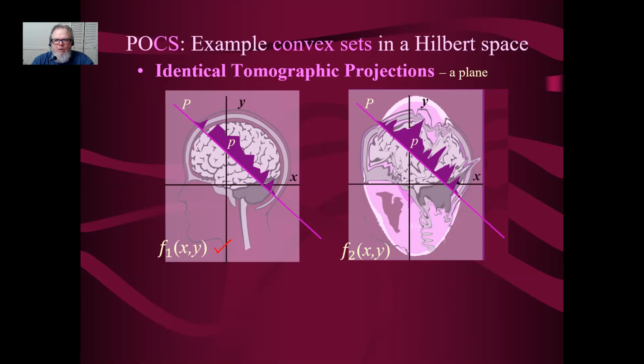If both of these images gave the same exact area P in this one-dimensional slice, then we say that this is a convex set. And this convex set is parameterized by P. If I choose a different P, I get a different convex set. But for this one, we're just assuming that P is fixed.